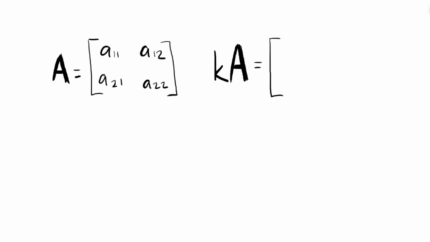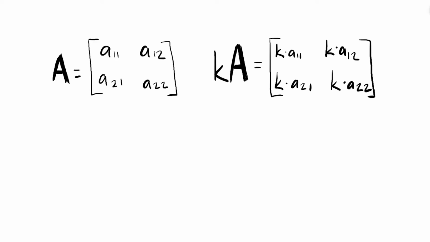Well, what happens when we multiply a matrix with a constant is that we multiply each element with that constant. So we would get k times a11, k times a12, k times a21, and k times a22.